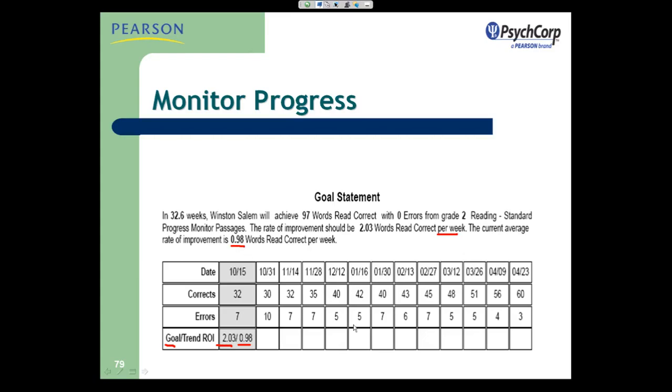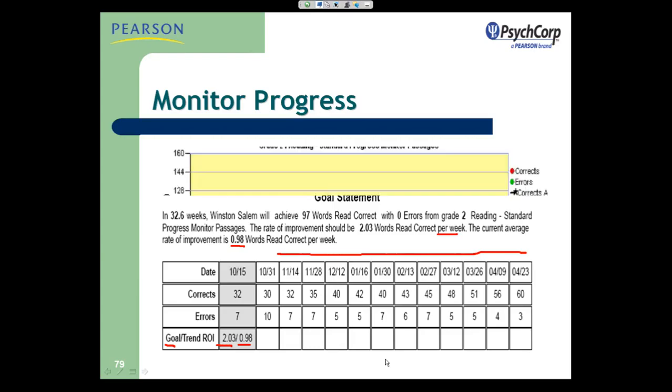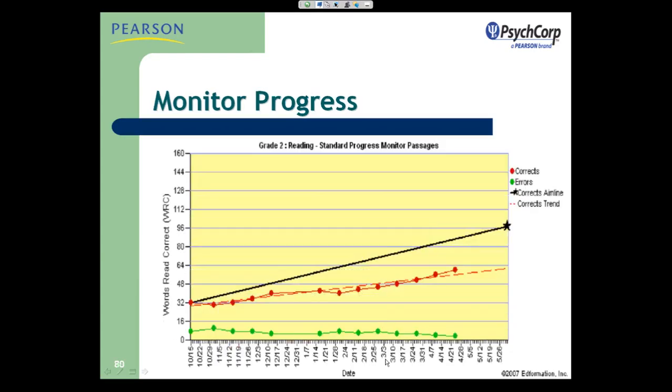So even though we noticed that he was making progress, the rate of improvement was lower than it should be in order for him to meet the school-wide objective for that particular end of the year. So in this case, you notice the upward trend, which is a good thing, but the gap between the expected growth and the actual growth remained wide.